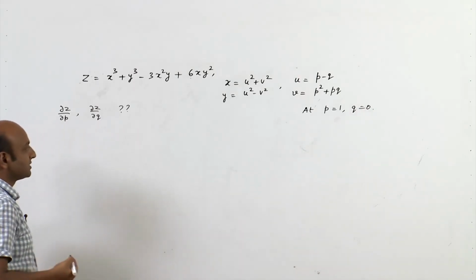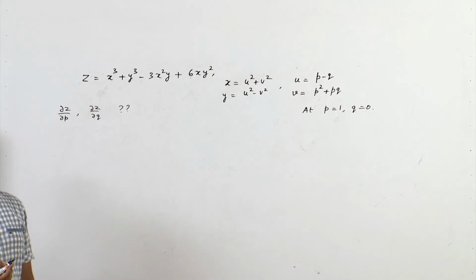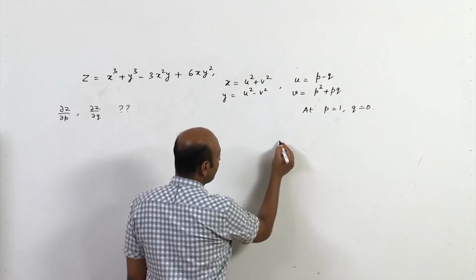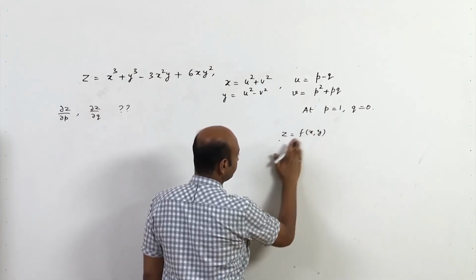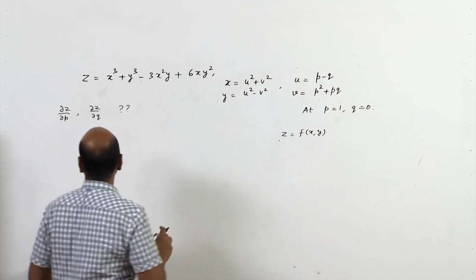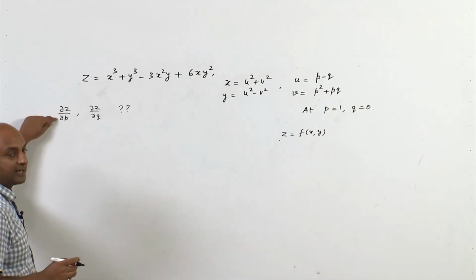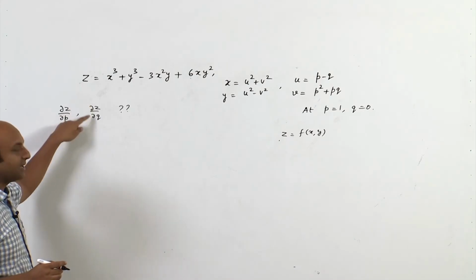So, how can you find this? How can we first write the chain rule for this expression? So, let us see. Here z is a function of x and y. We will first try to write down the chain rule for del z by del p, and similarly we can compute del z by del q.